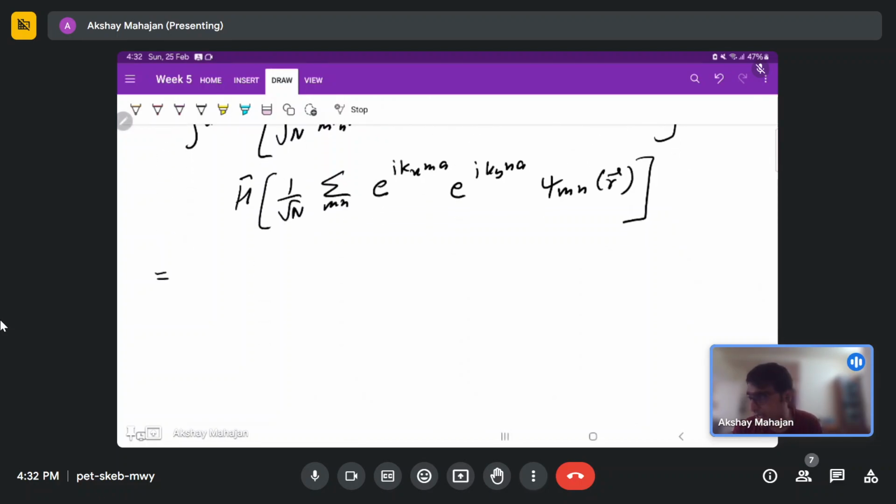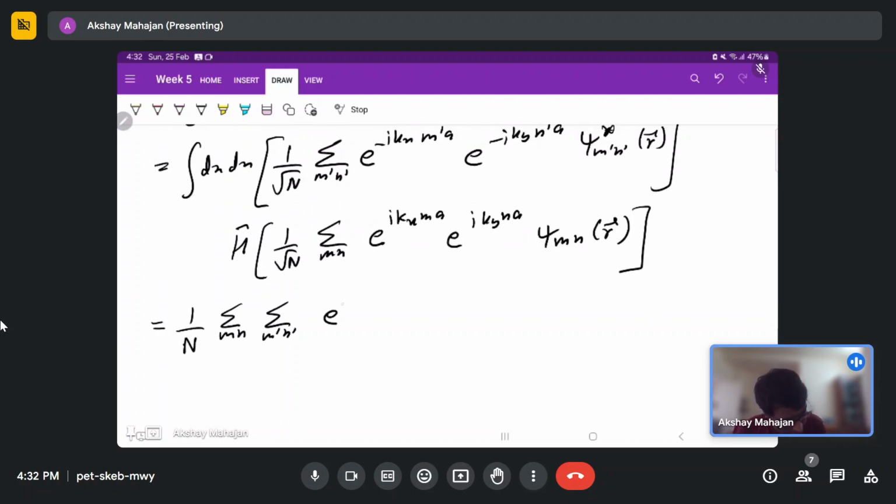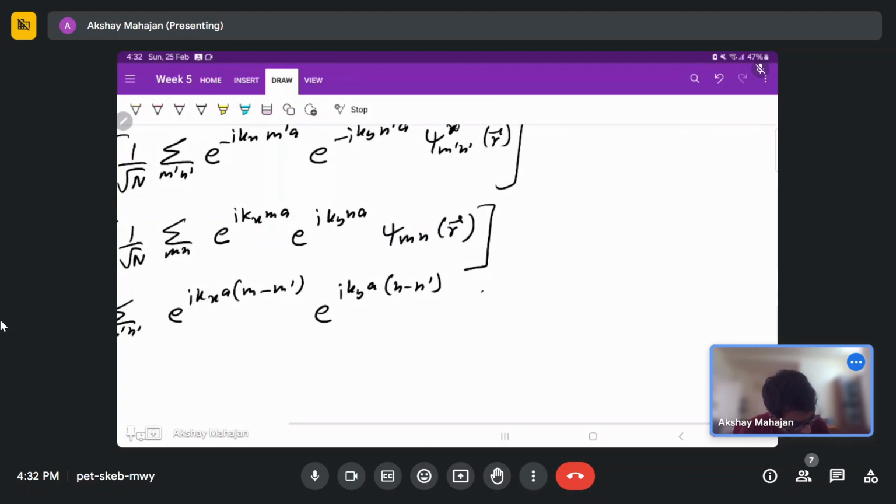Now I can write this as: 1 by root N, 1 by root N, I will take out, it will be 1 by N. Now I will have summation over mn and summation over m prime n prime. Then I will take the exponentials together, so it will be e to the power iota kx a times m minus m prime, e to the power iota ky a times n minus n prime, and then we will have this integral dx dy psi m prime n prime star r vector h cap psi mn of r vector.